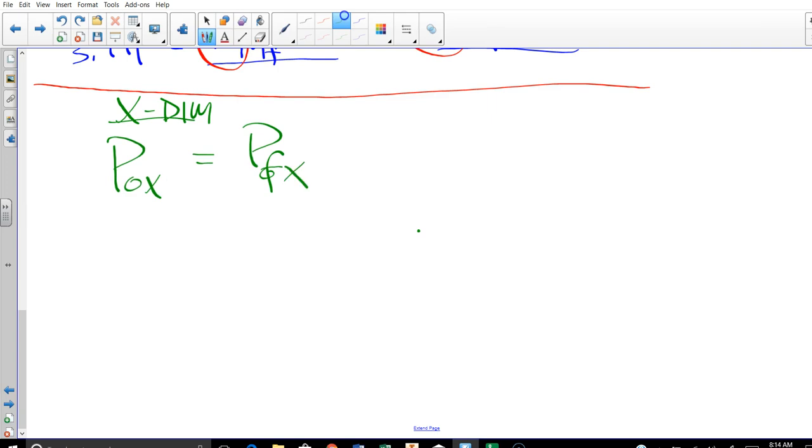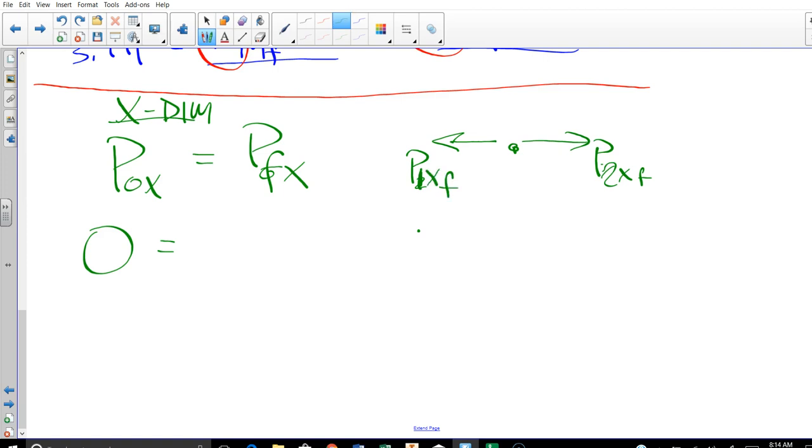Once again, it starts with 0. In the x dimension, mass 3 doesn't have an x component. Momentum 2, x final, is to the right, and momentum 1, x final, is to the left.